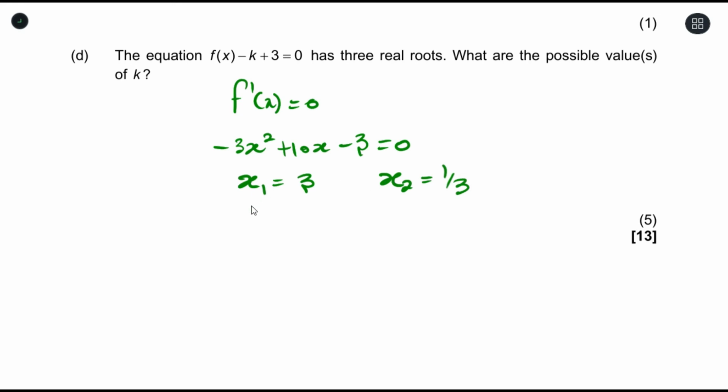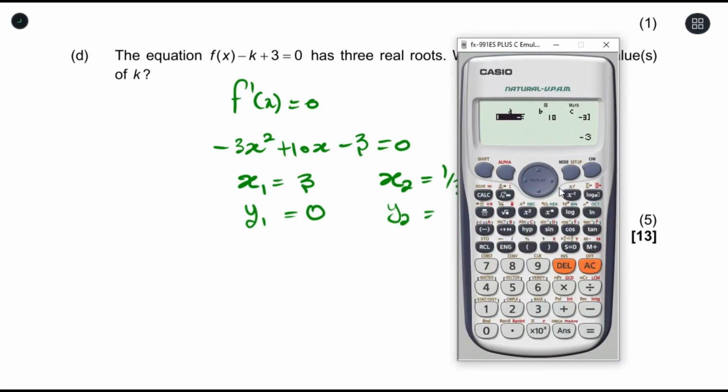We already know that for this one here, the y-coordinate of the turning point is 0. We got it up there. For this other one, we actually need to substitute. To get the y-coordinate of this turning point, it needs to be substituted in the original equation.